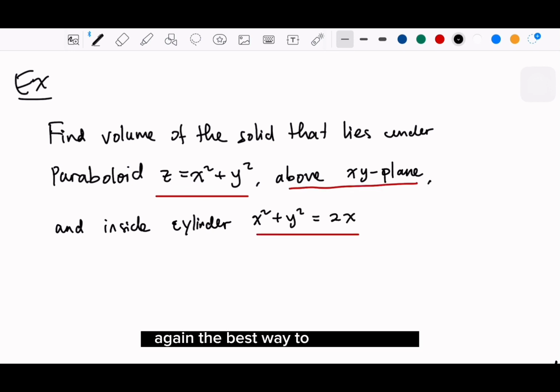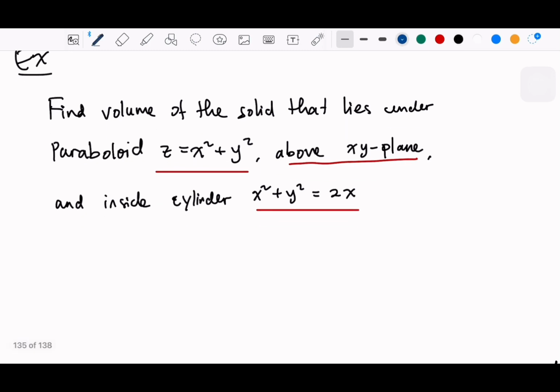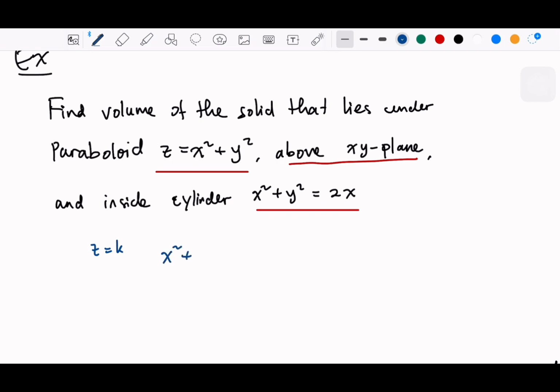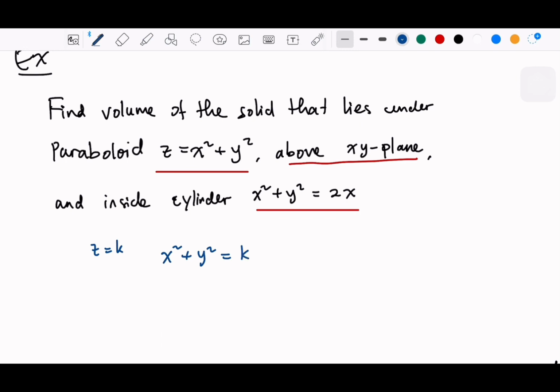And again, the best way to visualize this is by trying to graph, or sketch roughly, the paraboloid and the cylinder. So how to graph the paraboloid? We can take z as a constant, any number k, which means that in every level, we will see a circle, right?